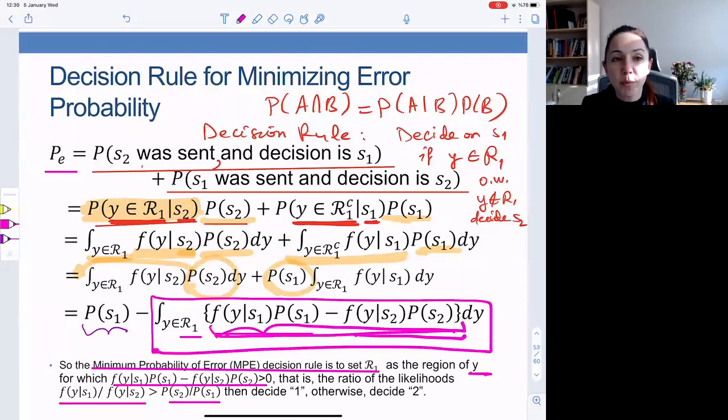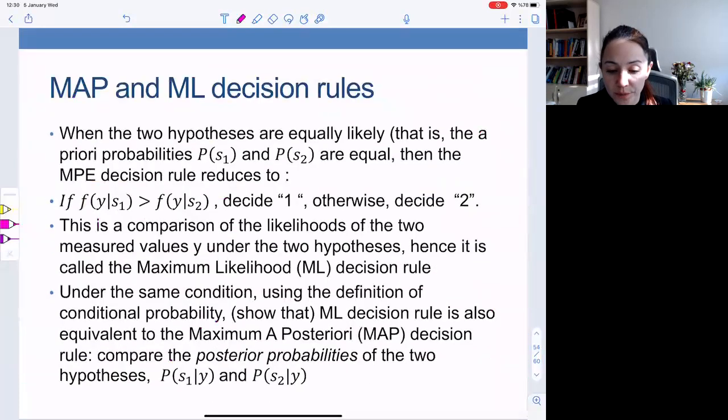This is the minimum probability of error decision rule in general. When S1 and S2 are equiprobable, with probability 1/2 each, the minimum probability of error decision rule will turn to choose S1 if f_Y given S1 is bigger than f_Y given S2. And this is called the maximum likelihood decision rule.